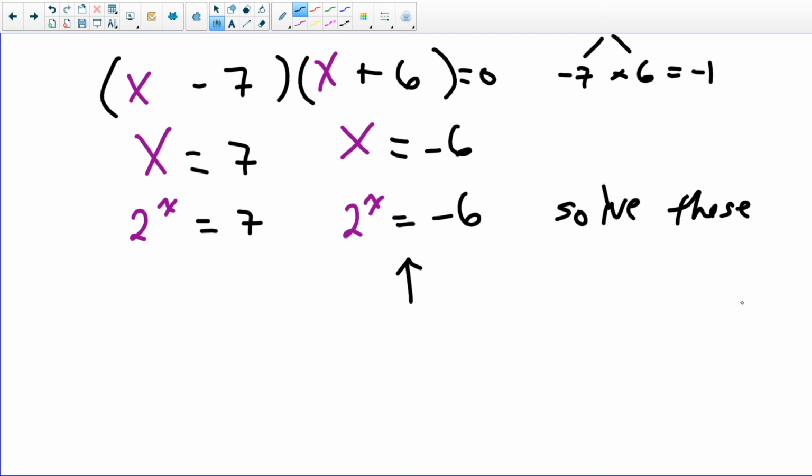Does anybody see what's special about that guy? Is there any way we can raise a power of a positive base to any power, especially a 2, and get a negative number? No. This cannot be solved.